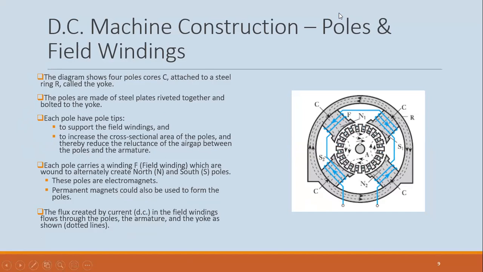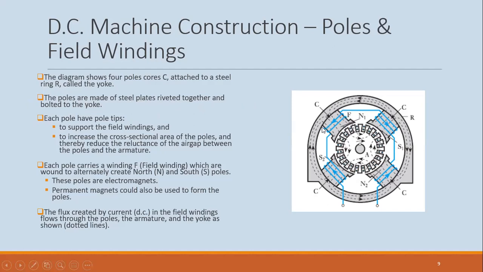So there are poles. So in this machine, we have 4 poles, right? And they're attached to a yoke. And the poles are made of steel, riveted together and bolted to the yoke. And notice now that there's a curve here that is called the pole tip.